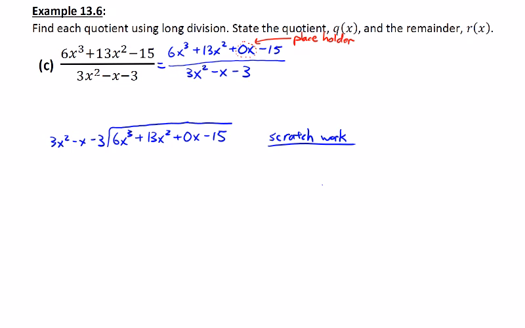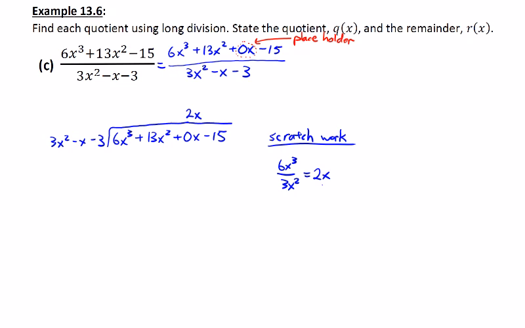So we're going to take 6x cubed and see how many times 3x squared will divide into that. That will end up being 2x times. So here's the first benefit of that placeholder. It gives me a place to put 2x in the quotient line lined up with the terms that are in the dividend.